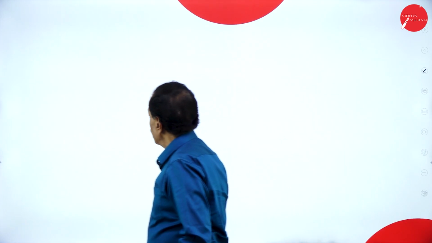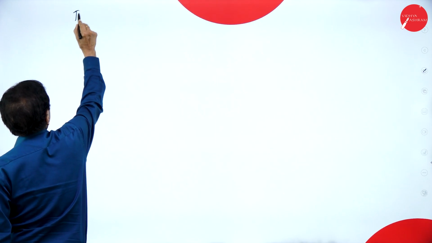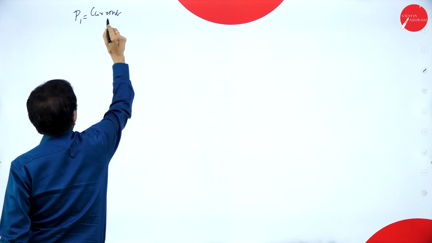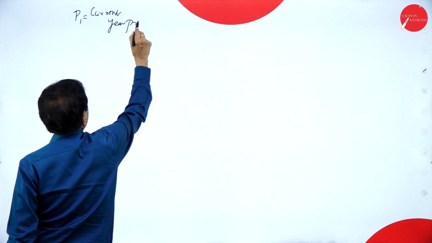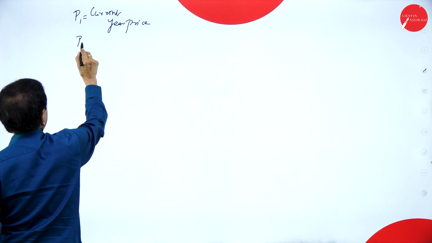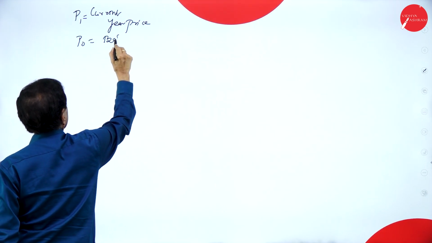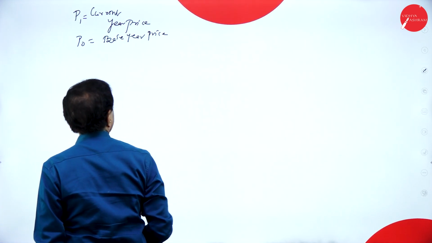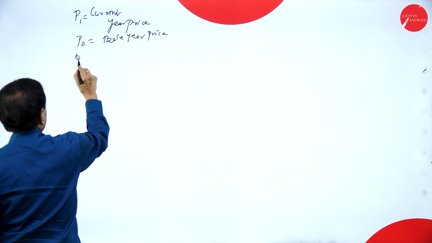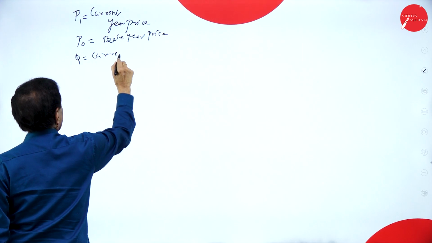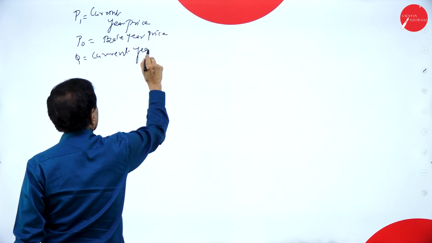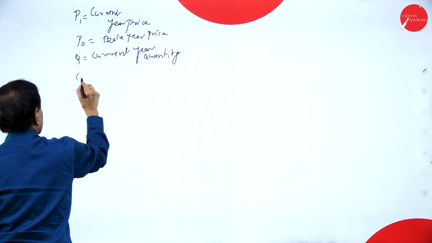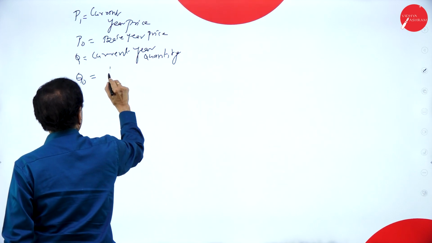Then you have to learn here: P1, current year price; P0, base year price; Q1, current year quantity; Q0, base year quantity.